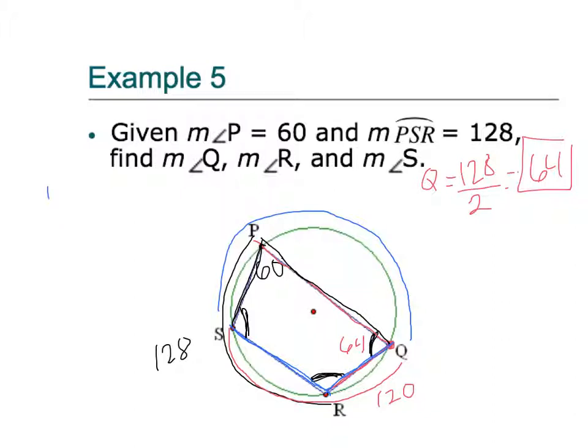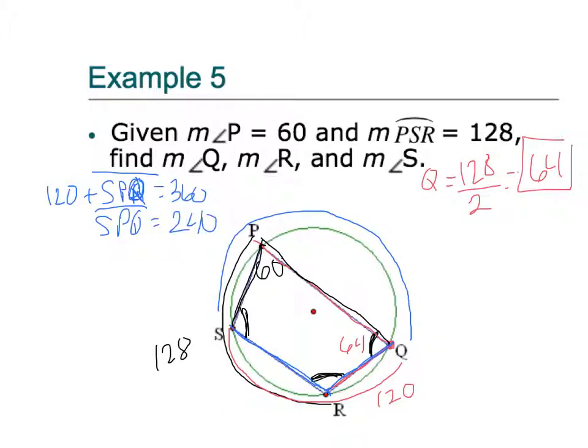So SRQ is 120, and I have to add that to arc SPQ, and it has to add up to 360 degrees. Subtract 120 from both sides, and arc SPQ then equals 240.